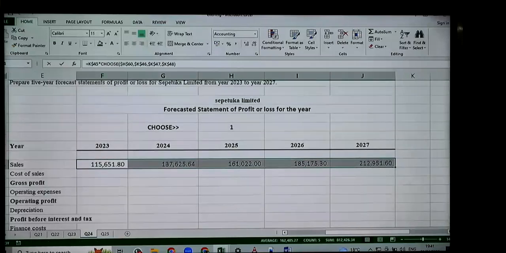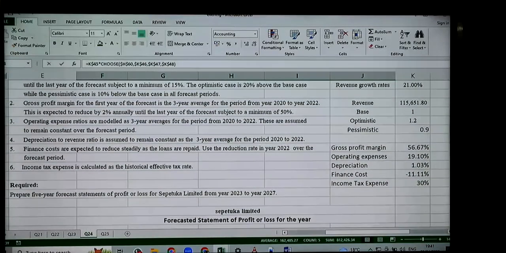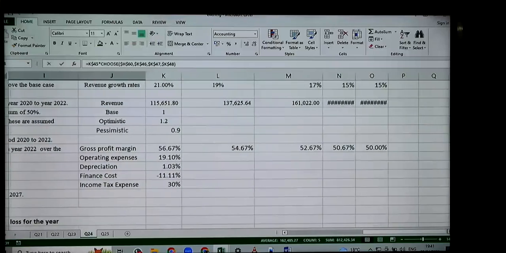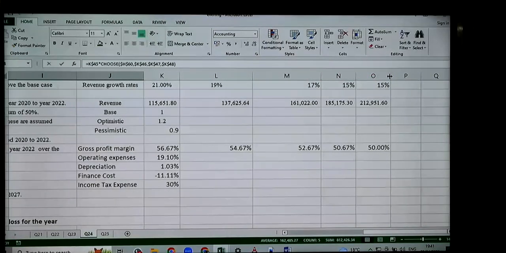You can confirm from your values here: 115, 137, 161 to how much? To 185. You can see that this is the base case, because they say that the optimistic case is 120% of the base case, and the pessimistic case is 90% below the base case.